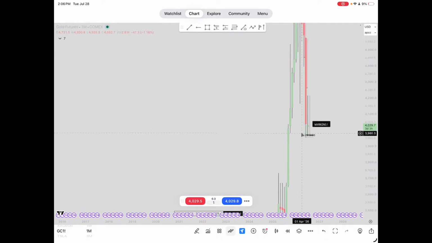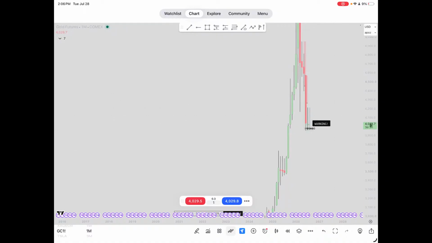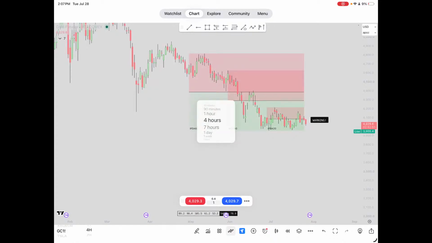I really would love for this month to close green. It's a beautiful setup for me at least. All right, closes green, new month opens, makes a wick somewhere depending on where it closes. We can even come up into here and then go lower into this area right here on the monthly time frame. So that's what I am seeing when it comes to gold here.